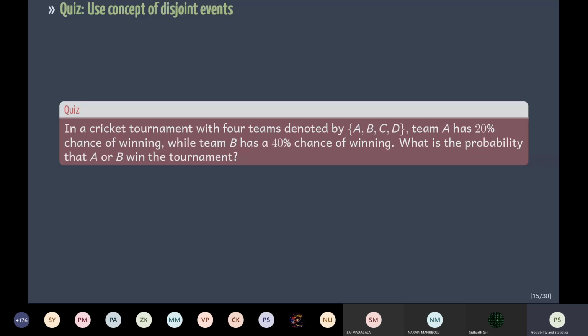In a cricket tournament with 4 teams denoted by A, B, C, D, Team A has a 20% chance of winning, while Team B has a 40% chance of winning. What is the probability that A or B will win the tournament? The event A is that A wins, and B is the event that B wins.